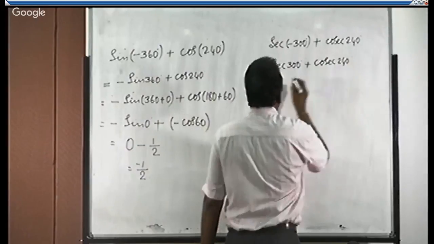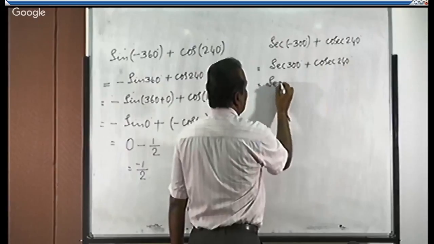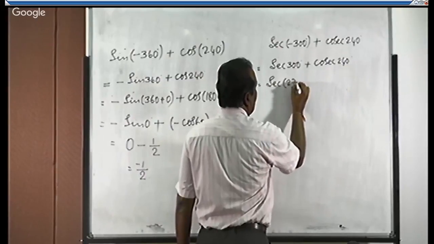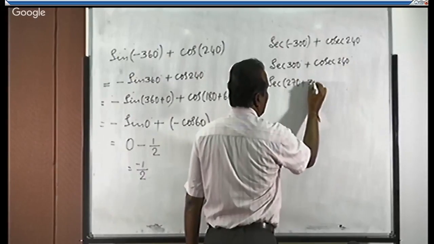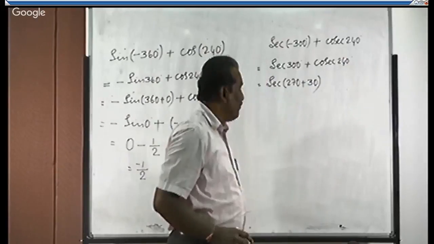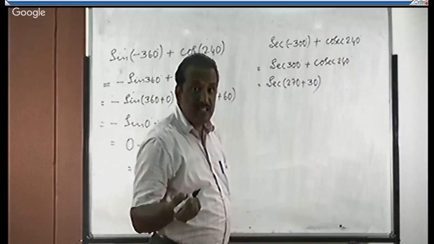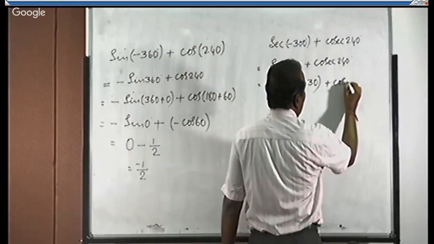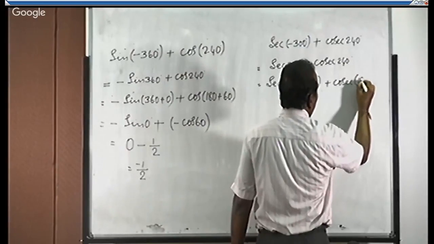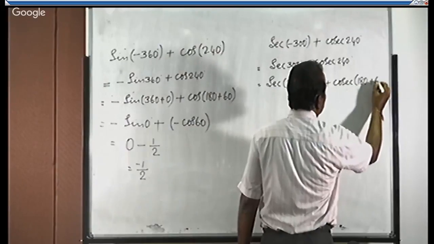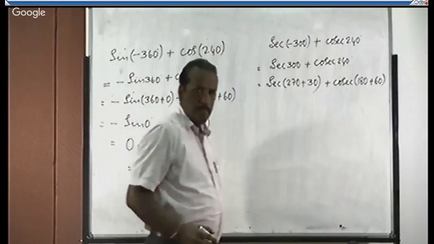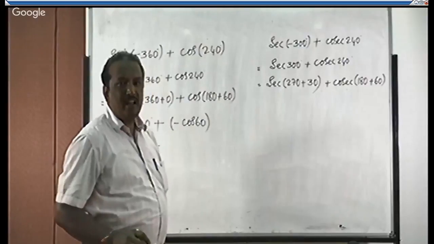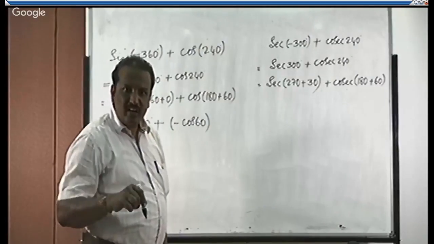Now, you can rewrite this 300 as 270 plus 30. Even you can write it as 360 minus 60 also. It is also correct. Then plus cosecant of, instead of 240, I will write it as 180 plus 60. Chance is there to write 240 as 270 minus 30 also.